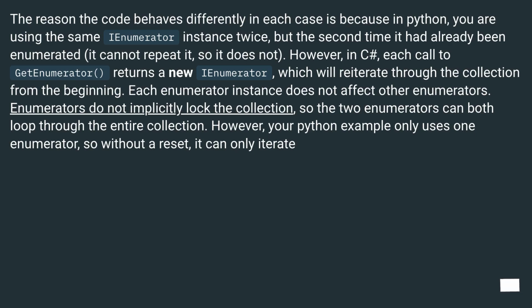However, in C#, each call to GetEnumerator returns a new IEnumerator, which will reiterate through the collection from the beginning. Each enumerator instance does not affect other enumerators. Enumerators do not implicitly lock the collection, so the two enumerators can both loop through the entire collection. However, your Python example only uses one enumerator, so without a reset, it can only iterate once.